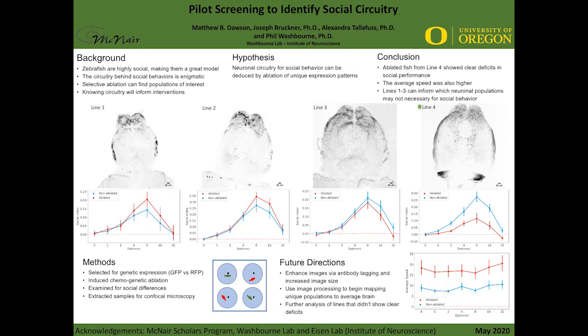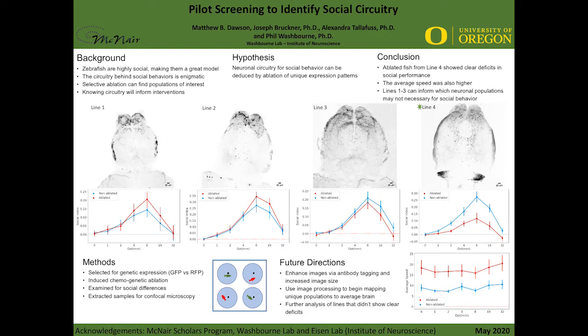The offspring from this cross will have either green fluorescent protein or red fluorescent protein. And what this tells us is that the fish with the red fluorescent protein have a genetic insertion that allows for induced cell death. And we induce this cell death using a fairly non-toxic antibiotic.